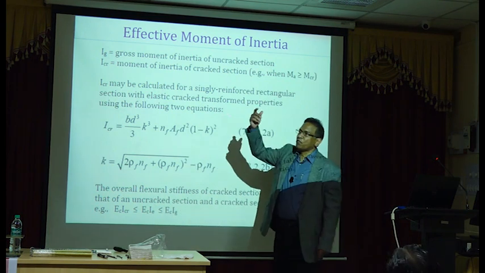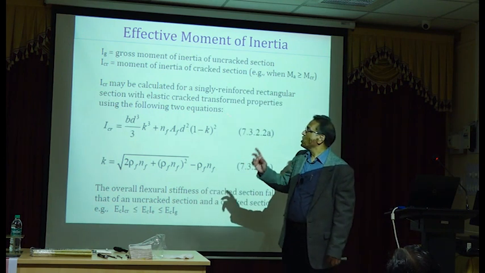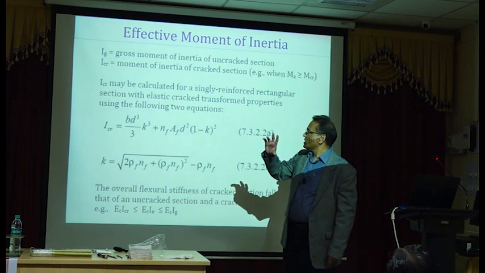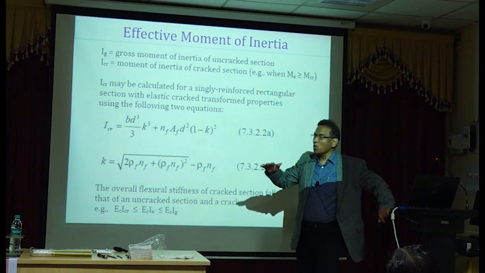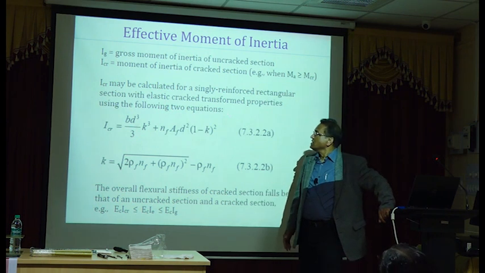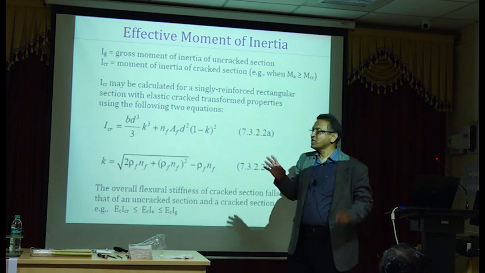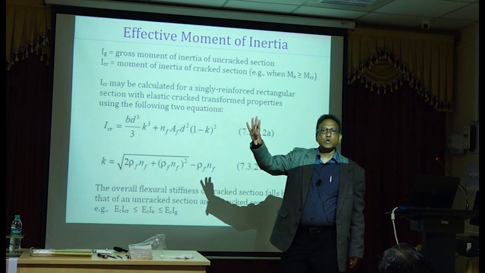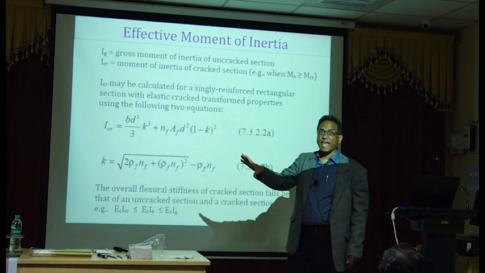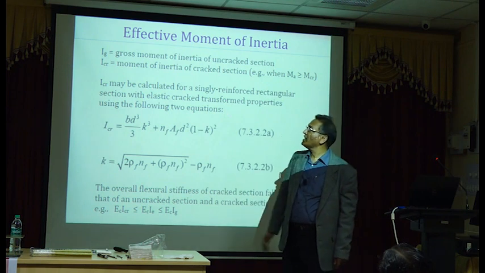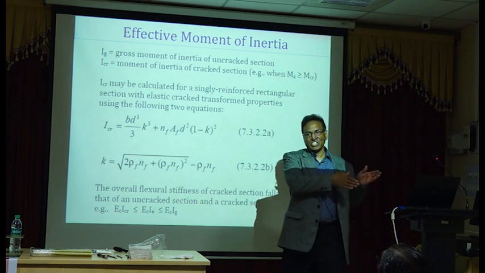So for unfactored service load condition, you need to find out the moment of inertia corresponding to different levels of loading. So there are two extremes. One is if the section is uncracked, you will use the gross area and moment of inertia of the uncracked section. That's I sub G. I sub CR is under cracked condition.